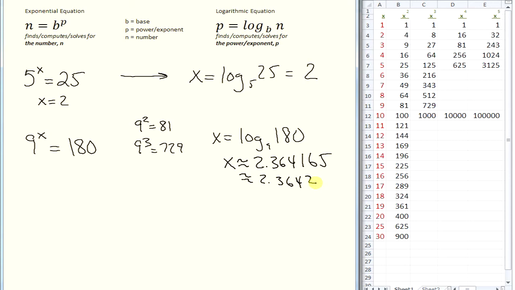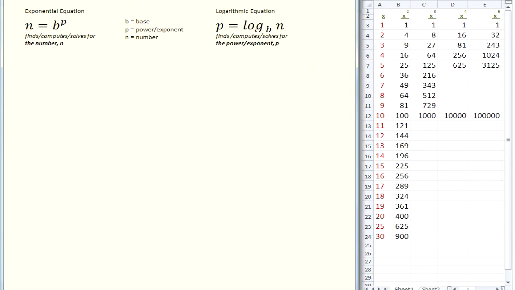What I'm interested in is solving logarithmic equations that I could use maybe the table over here and never even touch the calculator. So the problems I want to practice now are going to be along the lines of this. Let's say I'm trying to evaluate the log of 49 to base 7. I need it to equal something, and since logs solve for powers, I'll call it p.